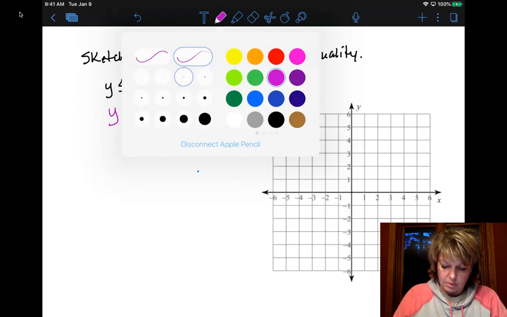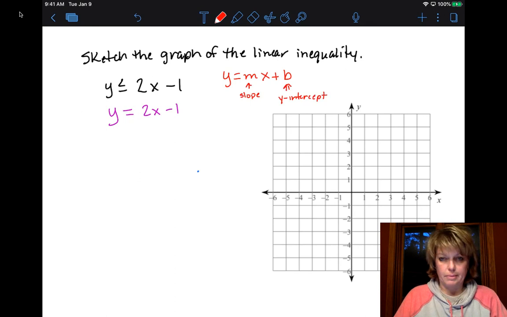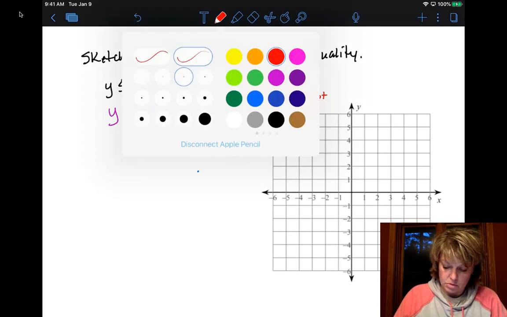So one thing we want to remember when we're graphing these, hopefully we remember the y equals mx plus b. M is the slope. B is the y-intercept. Hopefully we remember that. When it comes to graphing our equation, I'll do it in blue.